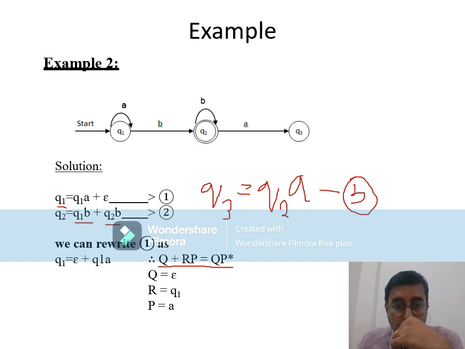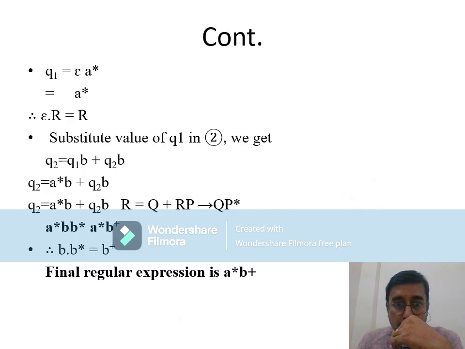So q, as I told you, is my epsilon value, r is nothing but my q1 and p is nothing but my a. So q1 equal to epsilon a star, and q1 equal to a star. So that will be my q1 answer.